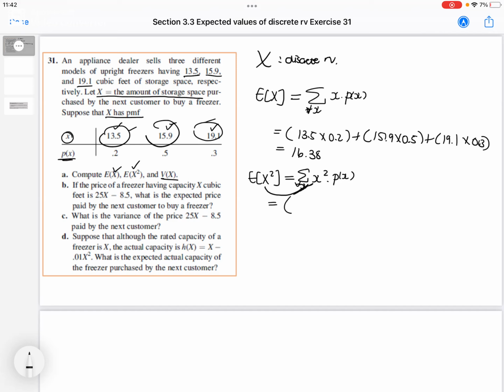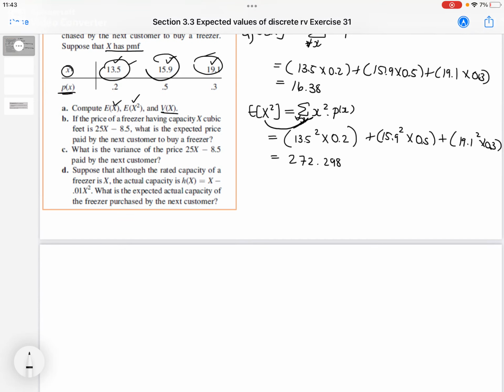So we have 13.5 squared times the probability 0.2, plus 15.9 squared times 0.5, plus 19.1 squared times 0.3. Now that is equal to 272.298. Okay? All right.